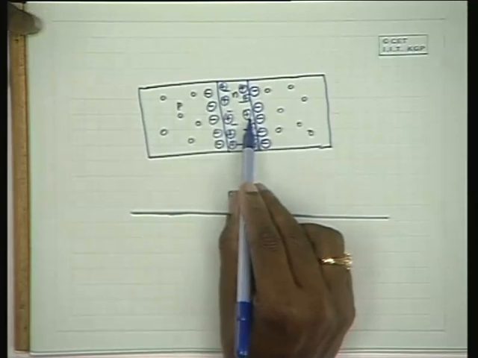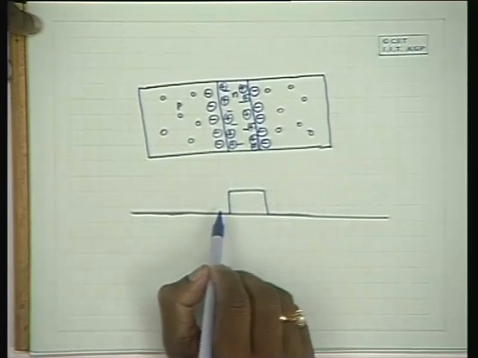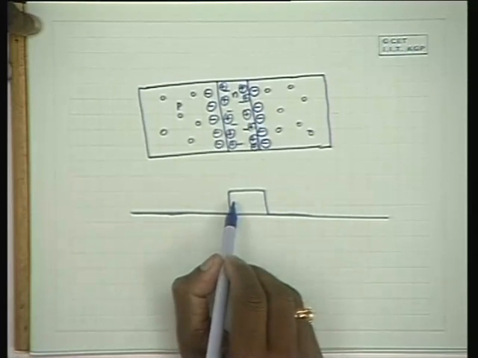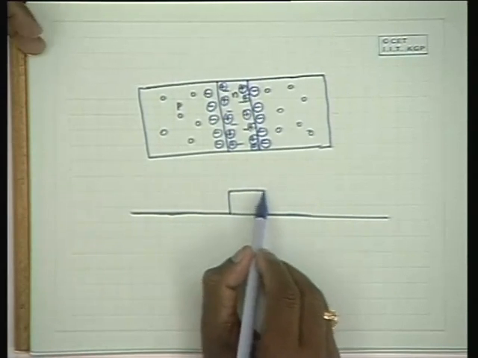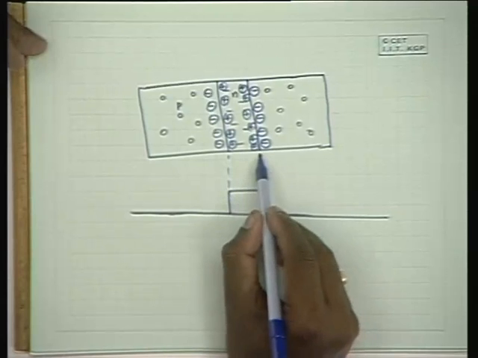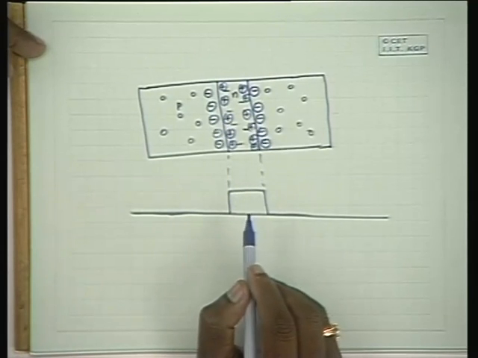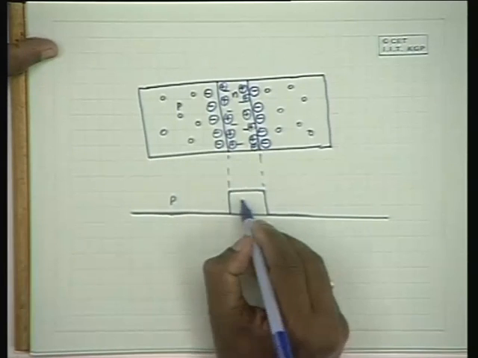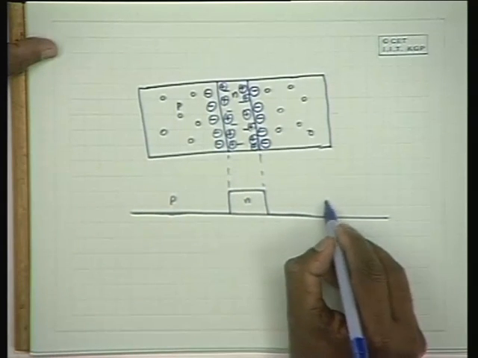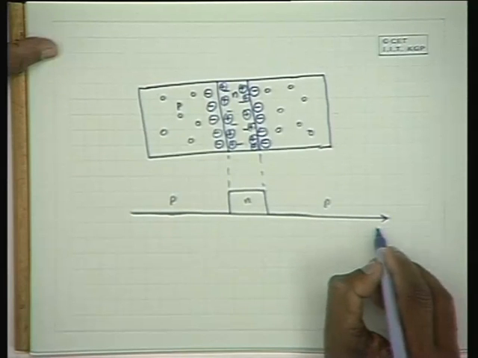Since it is accumulated positive charge, you have to do work to bring a positive charge from infinity to this place. Therefore, the potential is positive here. So this is the potential, where this is the p type, this is the n type here, and this is the p type side. This is the distance.